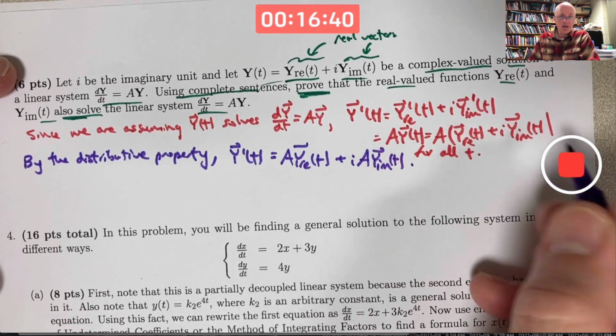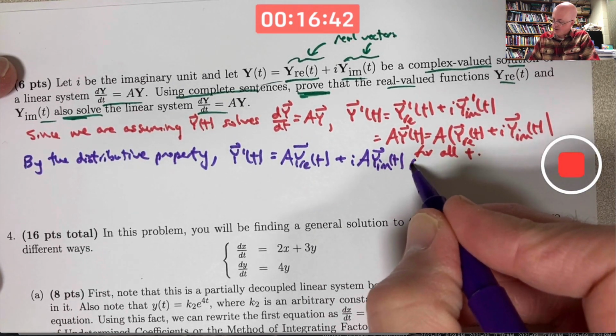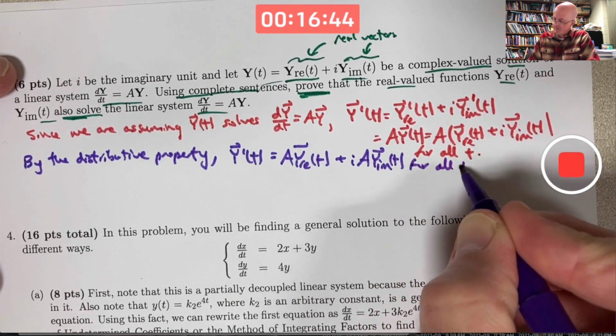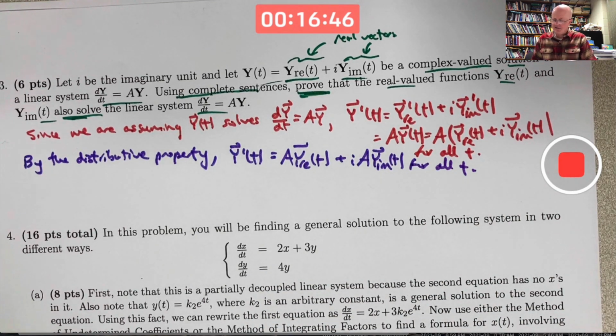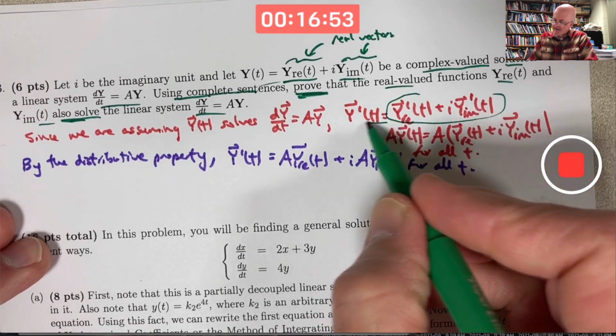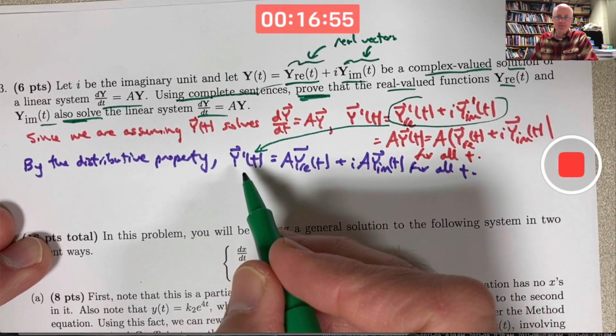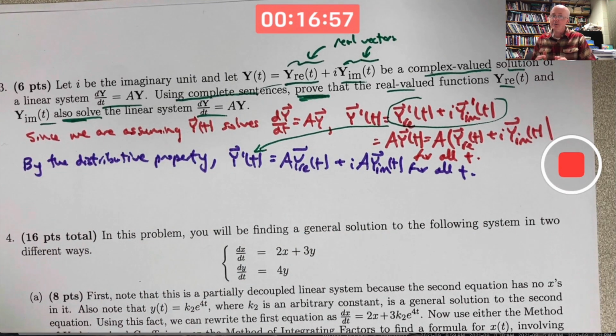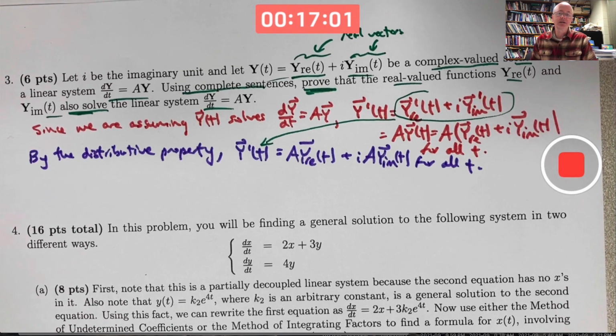Okay, so I distributed the A through the parentheses there, and again, I emphasize this is true for all t. Are we done? Well, yeah. This can be plugged in there, and then you can use the true and intuitive fact that two complex numbers are equal if and only if their real parts are equal and their imaginary parts are equal.